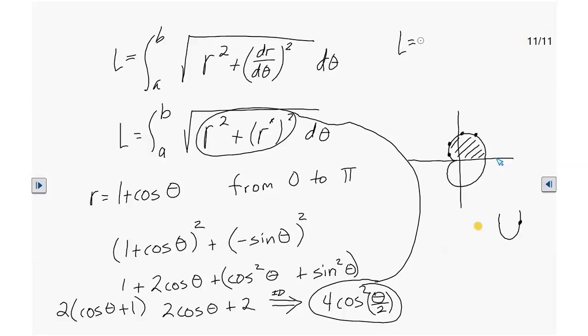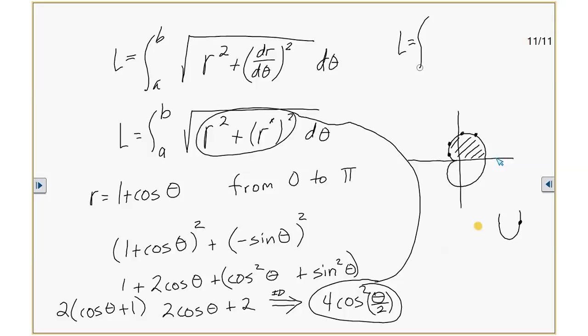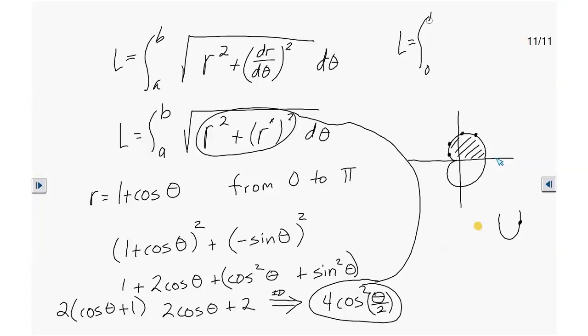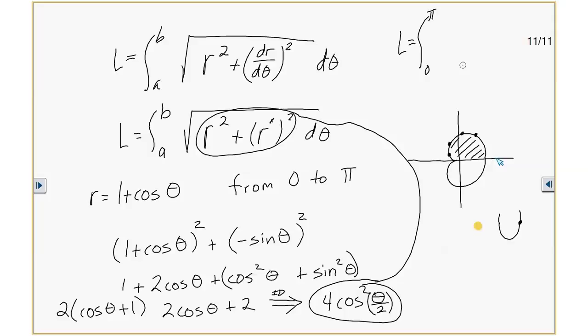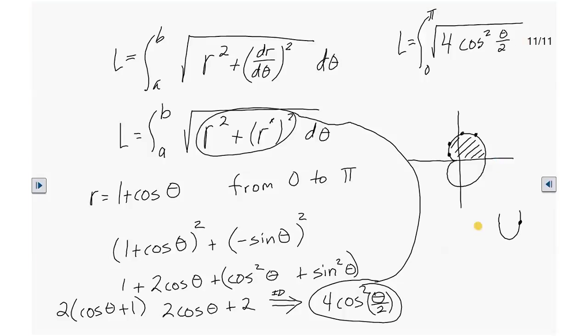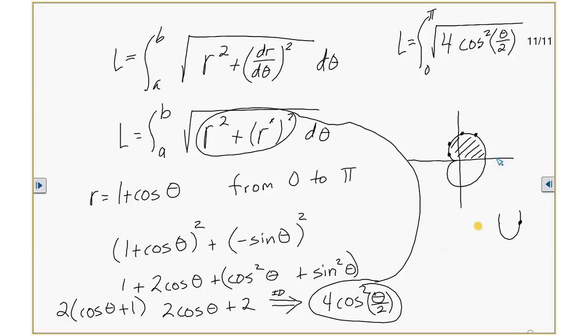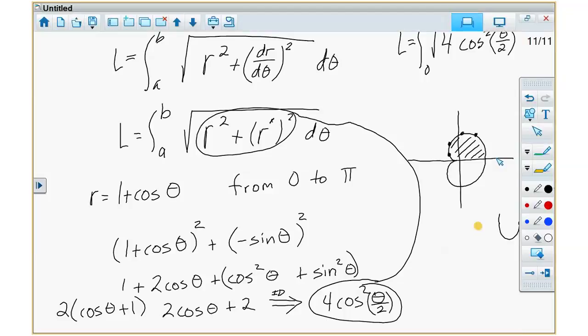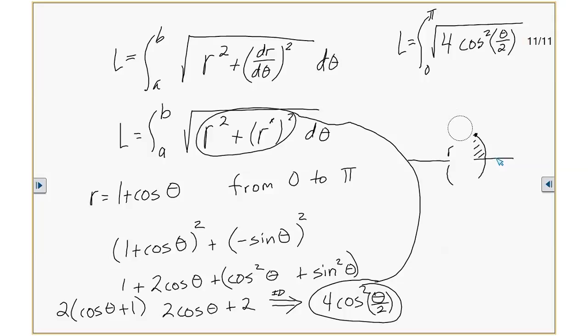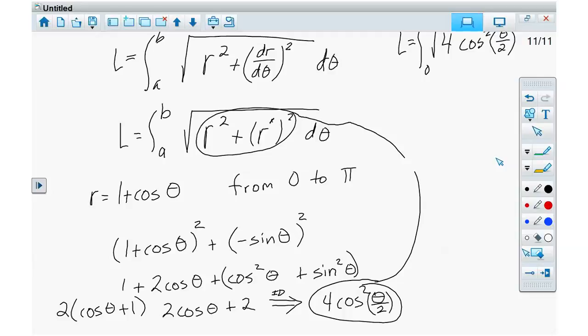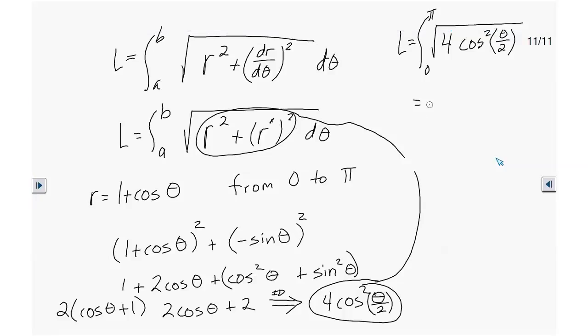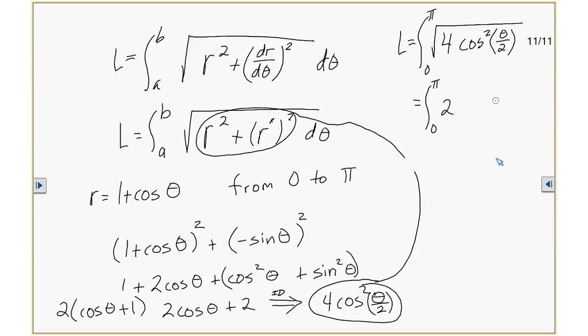L is equal to the antiderivative from 0 to pi of the square root of 4 cosine squared theta over 2. And that's going to give you, from 0 to pi, what's the square root of 4? And what's the square root of cosine squared?